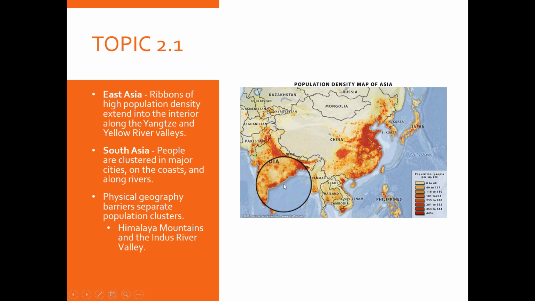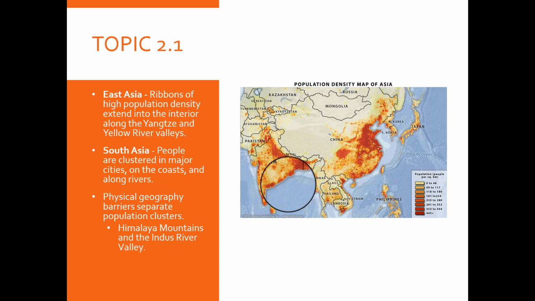Okay. However, there are physical barriers such as mountains and maybe valleys and canyons that would separate populations and create physical barriers between them, so they may not thrive as much.